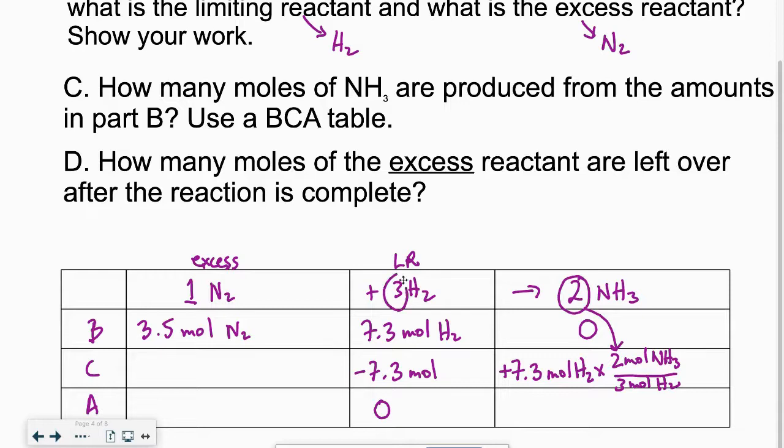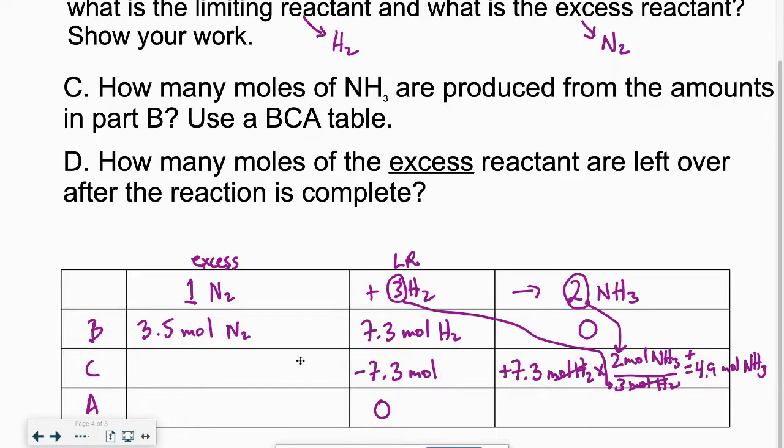My balanced reaction is giving me my ratios. So let me just do the math here. 7.3 times 2 divided by 3 will give me plus 4.9 moles of ammonia, because my moles of hydrogen cancel out. All right, so there's my change for my ammonia.